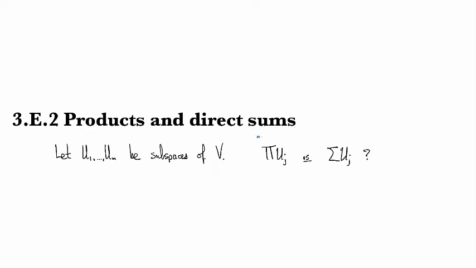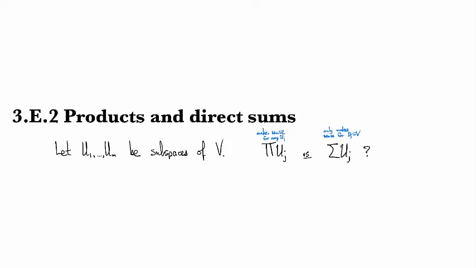But you've got to understand that the first one makes sense for any UJs whatsoever. The sum, however, only makes sense when those UJs are all subspaces of some common vector space V, like the assumption that I put back in the very beginning here.